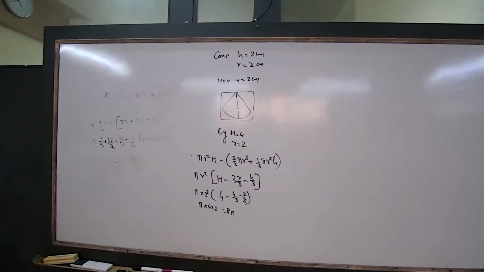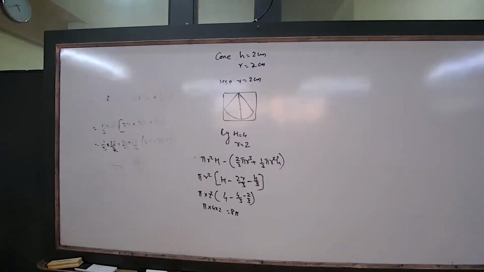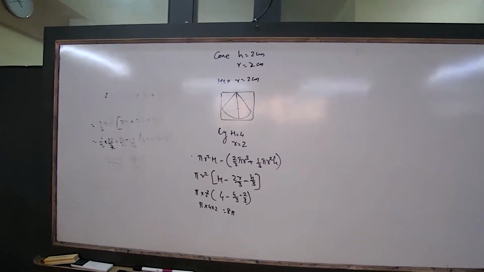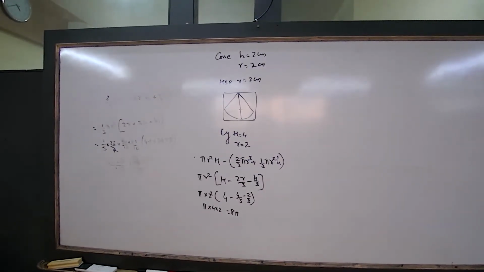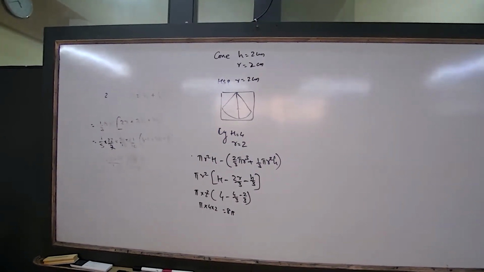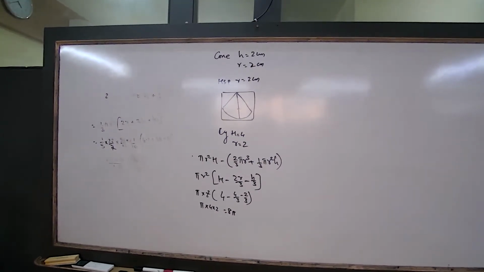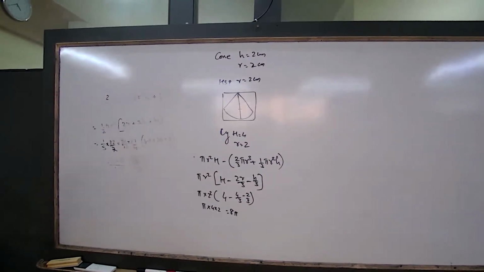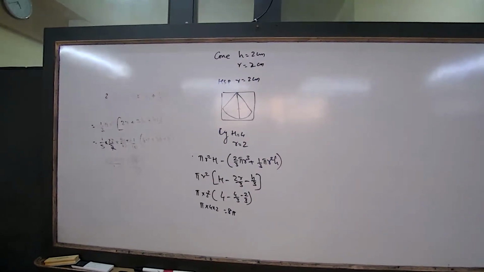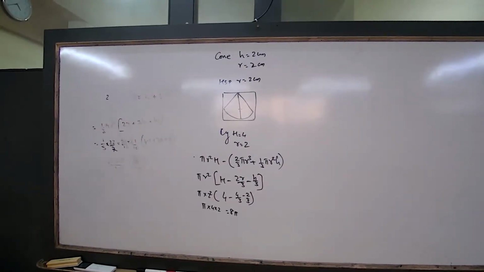Rainwater collected on the roof is transferred into a vessel. The shape of the vessel is cylindrical, and the vessel is full. The volume of water collected on the roof is the same as the volume of water in the vessel. What is the shape of the water on the roof?